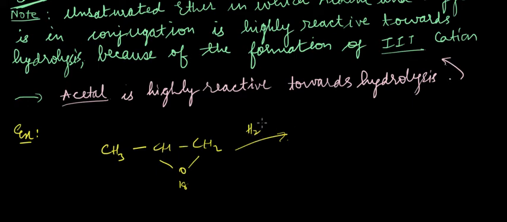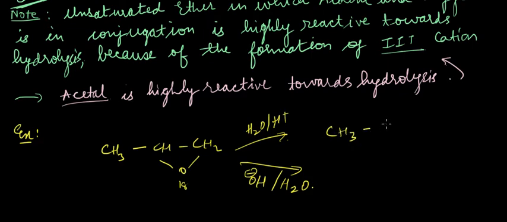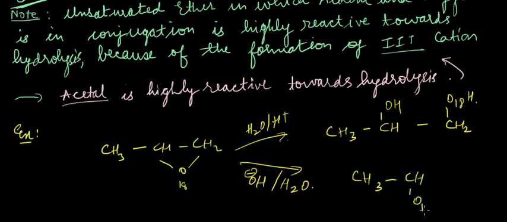Whether it's placed in acidic or basic medium, it is highly reactive. The product formed in acidic medium would be something like this, where CH2O18H would be formed here, and in basic medium this would be the product formed, O18H on the middle carbon atom and CH2OH here.